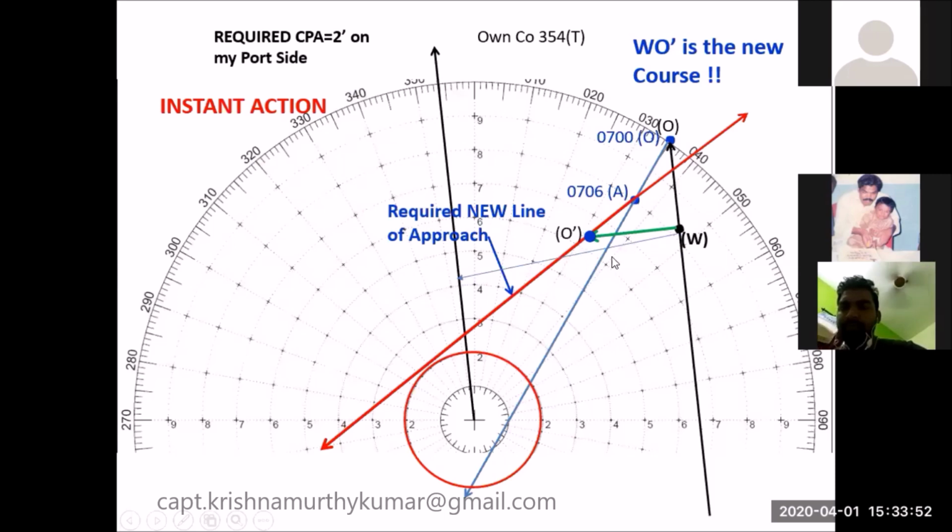I mean, there's nothing wrong in the figure, but O dash, instead of coming on this side of A, is coming on this side of A. That means if we had been steering this course, once upon a time, the two ships would have been 2 miles apart. Not here, somewhere here.